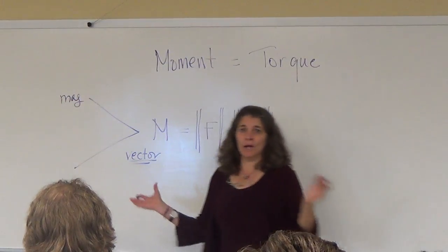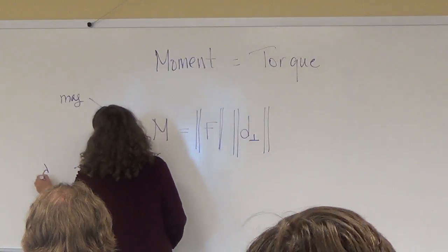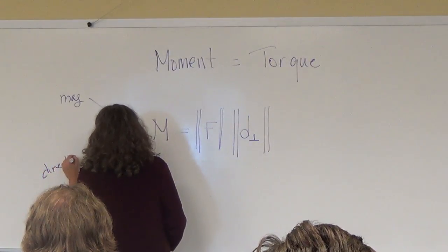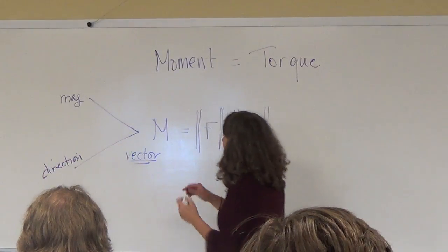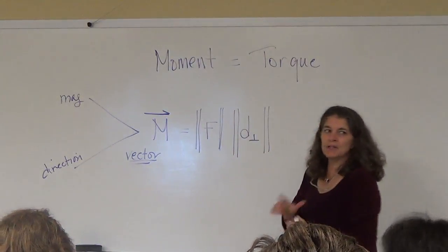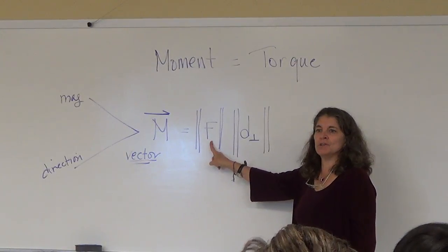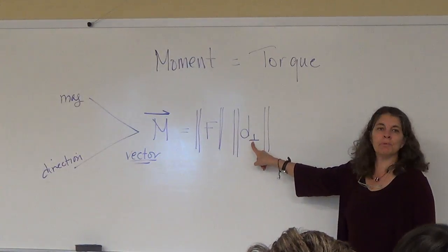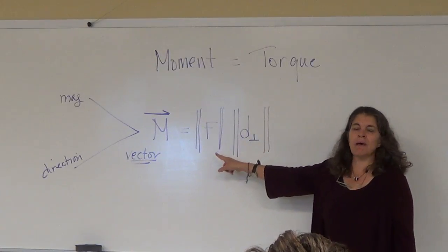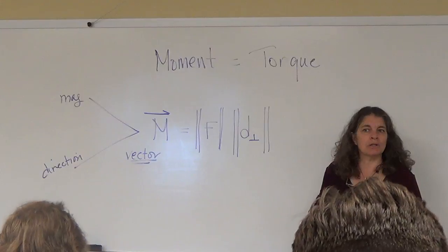It's spinning 100 inch-pound, and it has a direction. So if I am calculating the moment here as a vector, and all I'm doing is multiplying the magnitude of the force times the magnitude of the perpendicular distance, did I get the magnitude of the moment? Yes. Did I get the direction? No.